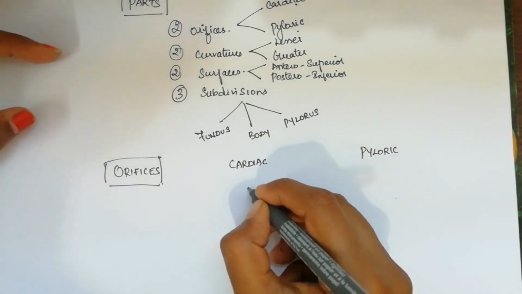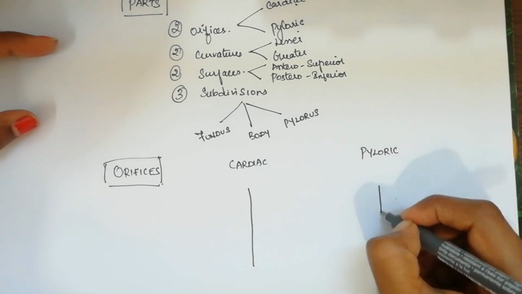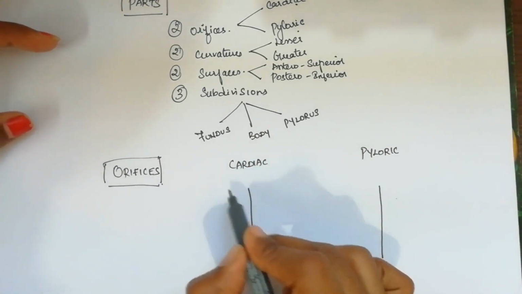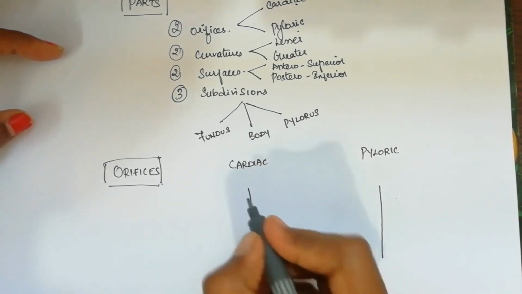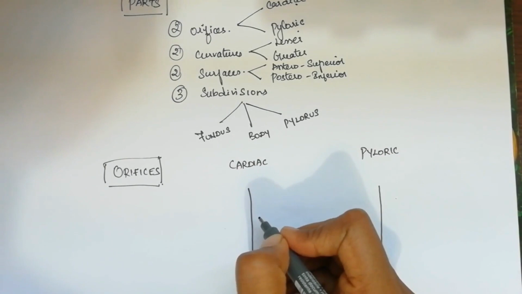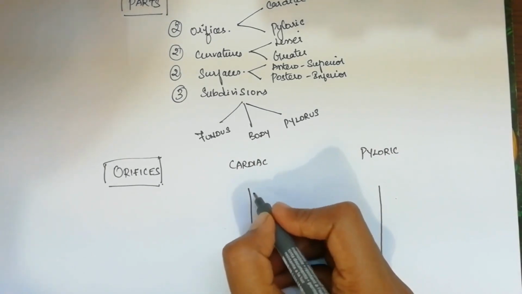So when we draw a median line in the body, here to consider the cardiac orifice, it is about 2.5 centimeter left to the midline.